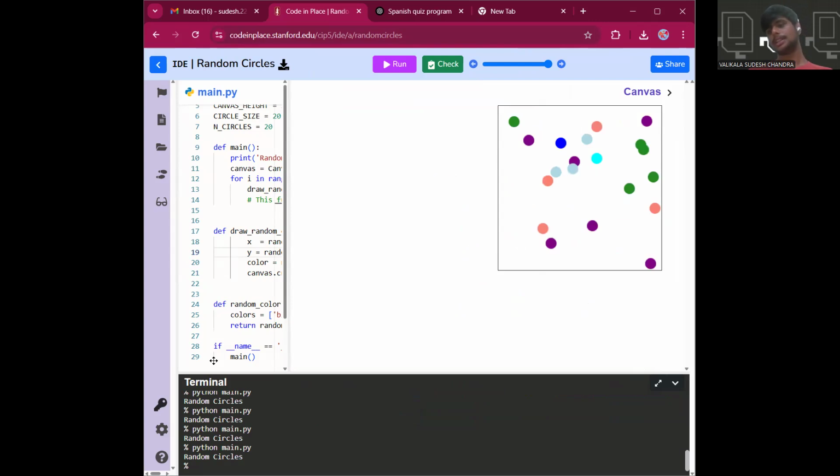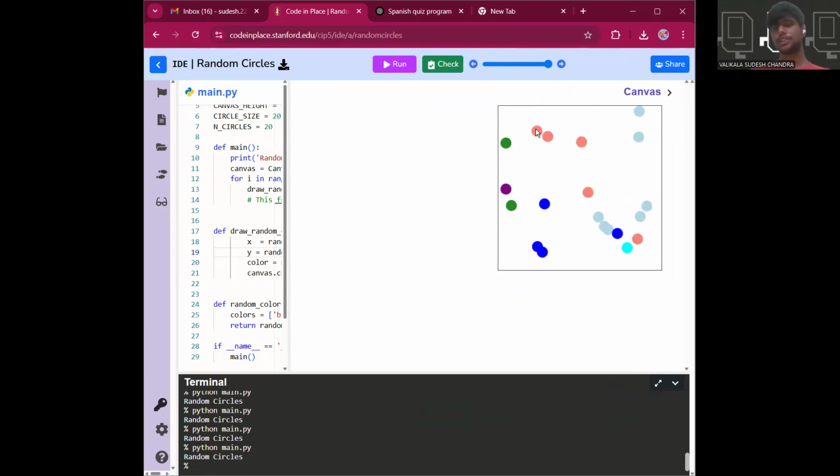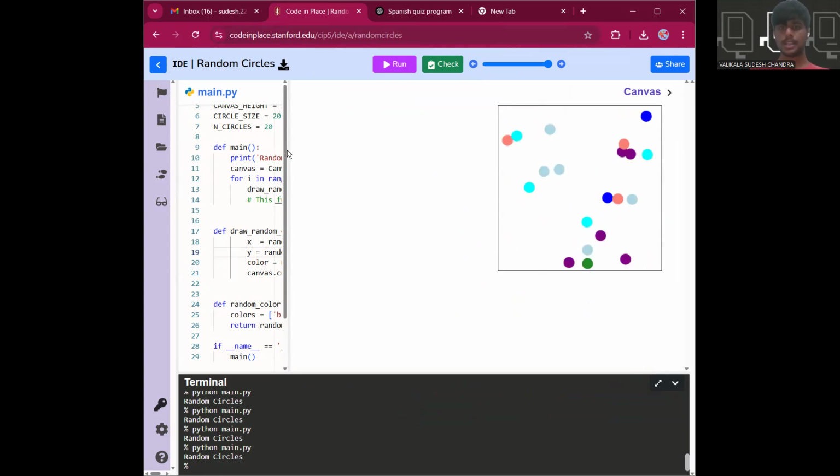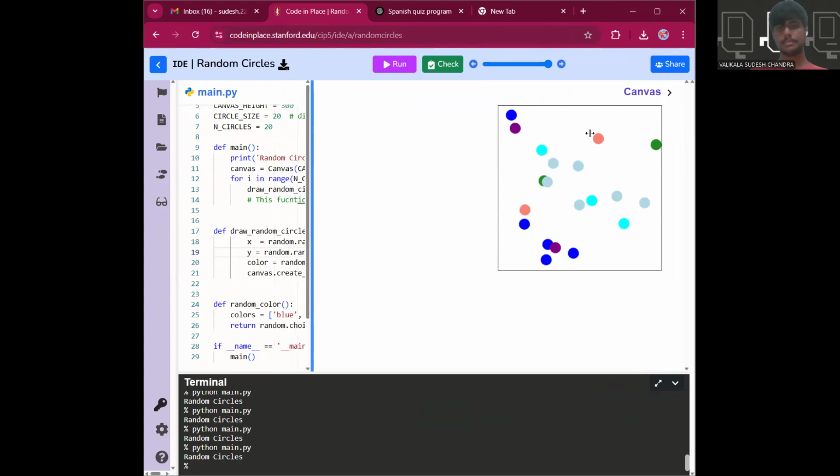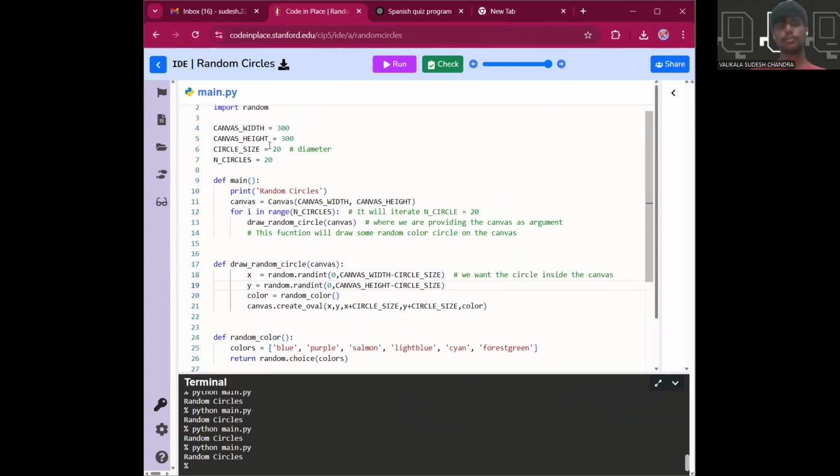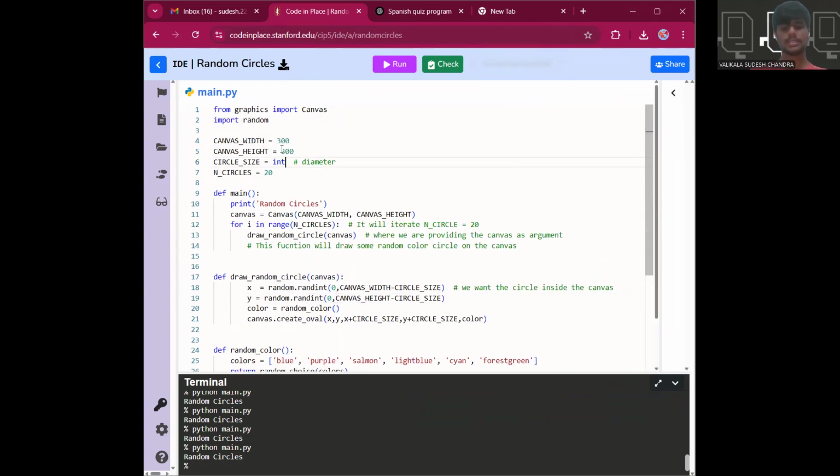You can see all the circles are placed inside the canvas itself, and we ensure that every circle has been placed properly. Now there may be a fun example that I have done in the class. Instead of hardcoding, we can take this from the user also.